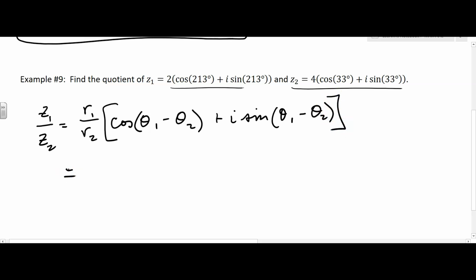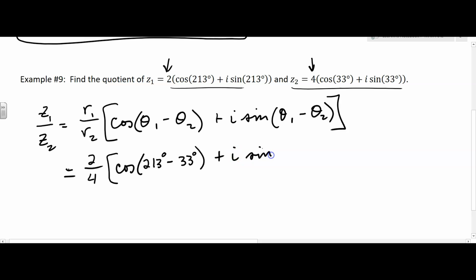Okay, so my r sub 1 is right here, 2. My r sub 2 is right there, 4. And then we're going to go cosine 213 degrees minus 33 degrees plus i sine 213 degrees minus 33 degrees.